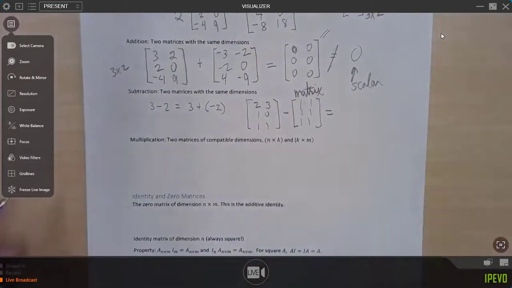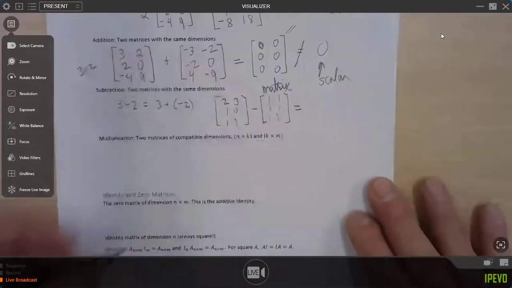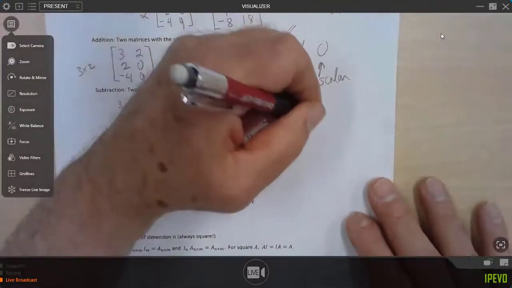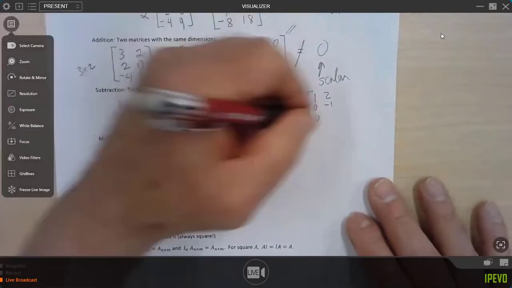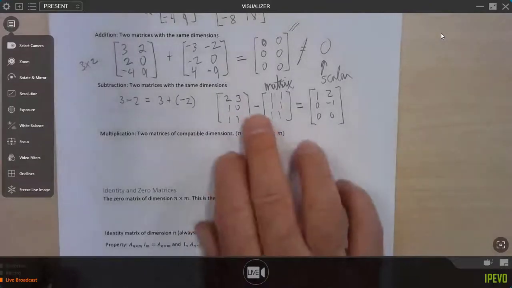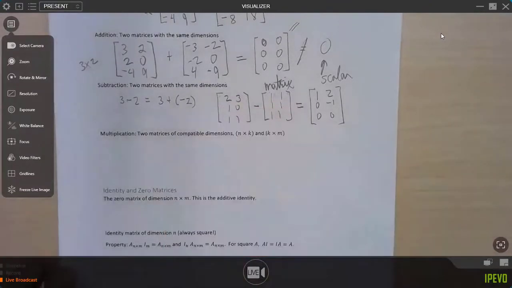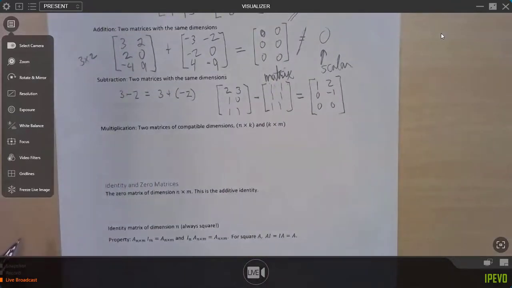And by the negative, I mean you multiply it by -1, just like you could multiply it by 2. So I set that up so I could go fast. 1, 0, 0, 2, -1, 0. Subtract corresponding entries, or add the additive inverse of the entry on the right to the entry on the left.